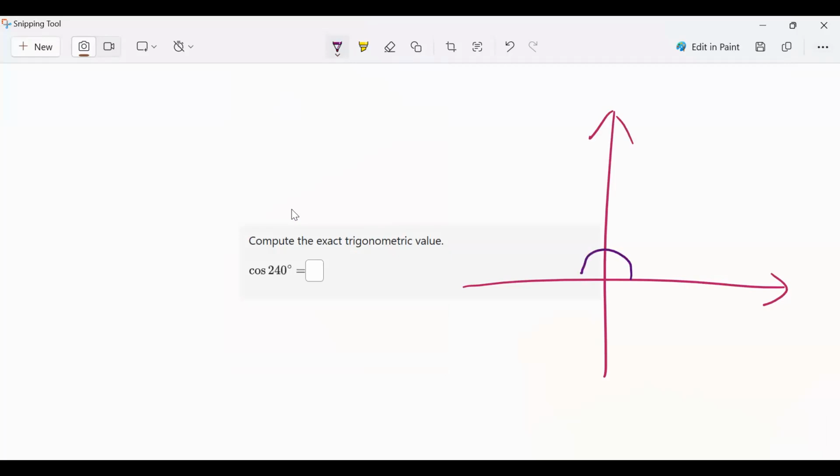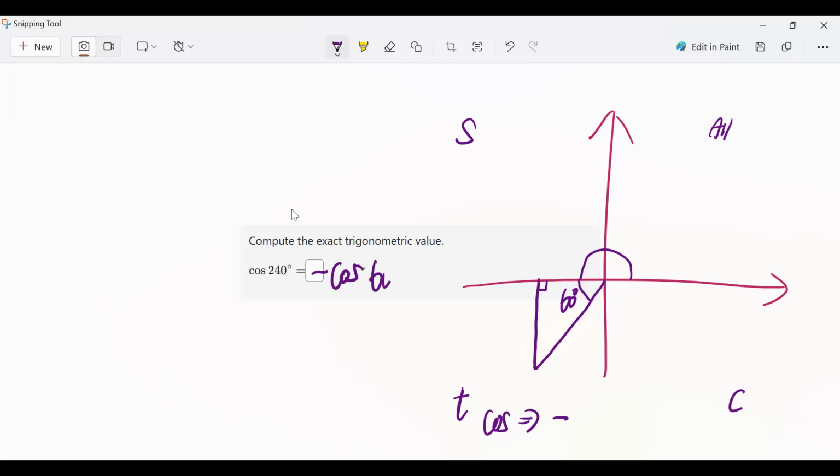This is 180, and 240 is somewhere here, so the reference angle here is 60 degrees. Cosine 240 is equivalent to cosine 60, however this is in the third quadrant, so all students take calculus: in the third quadrant, cosine is minus.